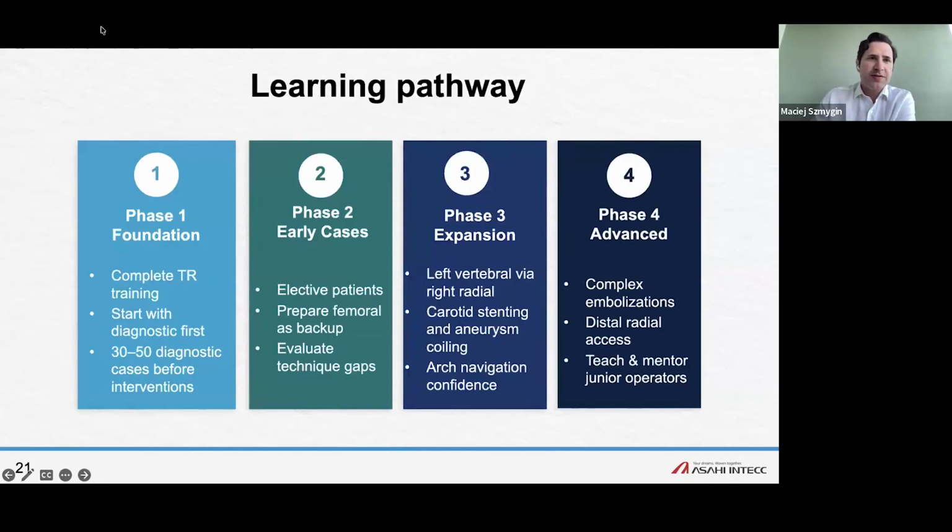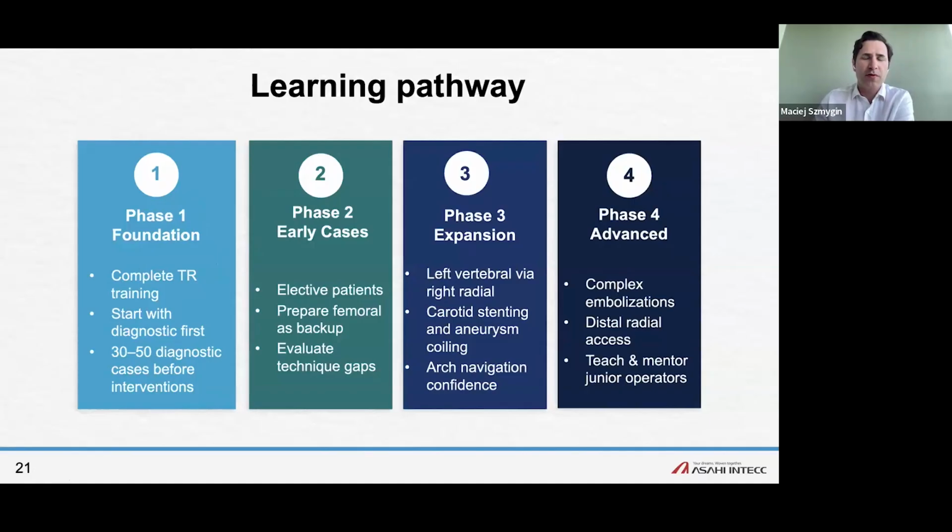Okay, so because this talk is on how to establish radial access, we suggest a 4 steps pathway. First, it's really good to at least observe someone who does it on an everyday basis. Visit a center where a lot of radial access is performed.